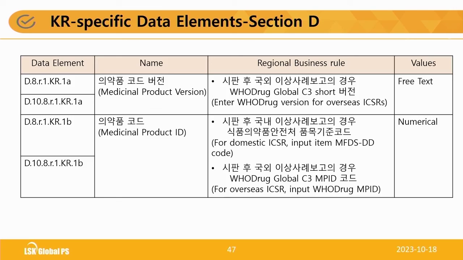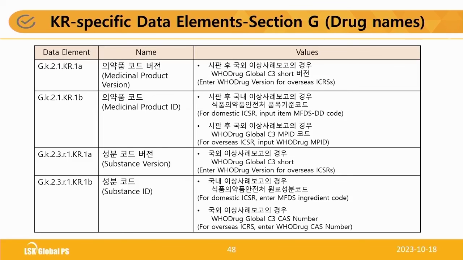So this is an essential element. If a patient had previously taken a drug that was a post-market overseas AE, then the information would be provided accordingly. And then here we look at whether it is past or current history.